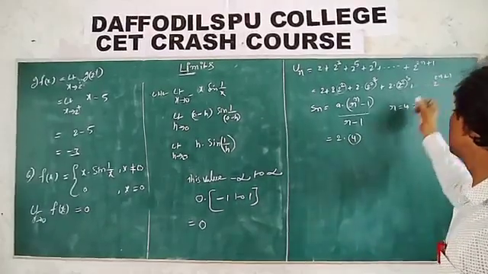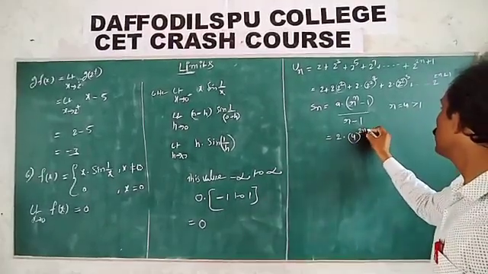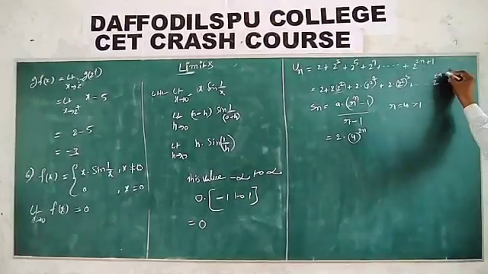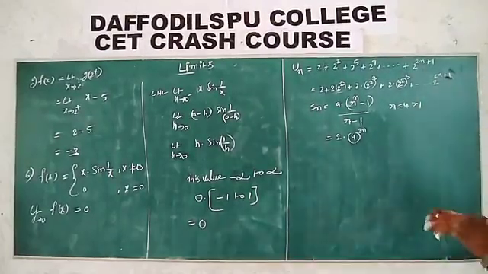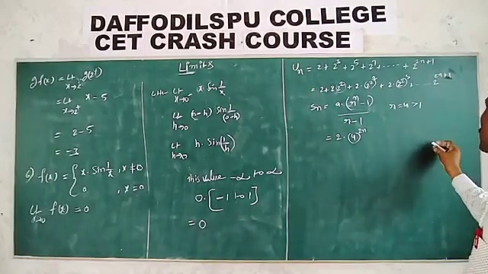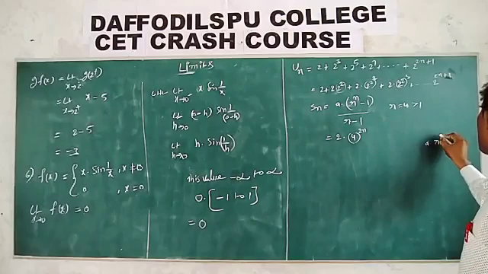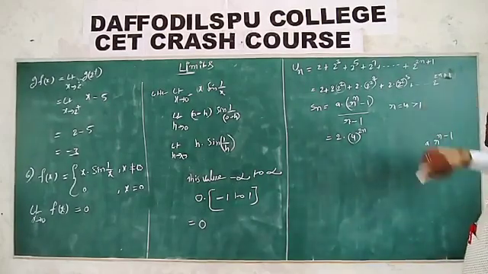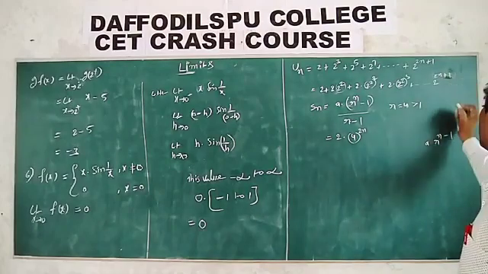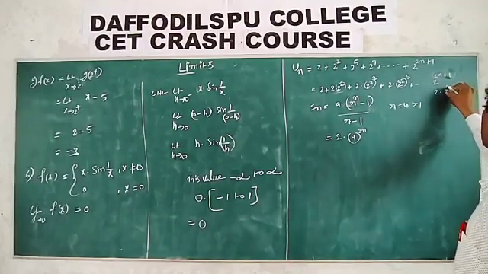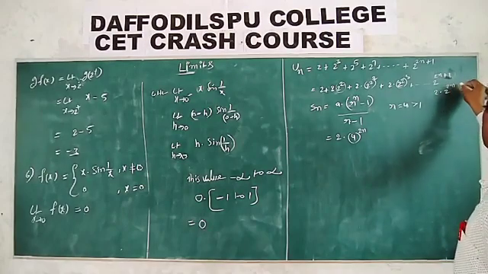Now put the values into the GP formula. What is the sum of n terms? What is the last term? A into r power n minus 1. Suppose this is the last term, how can we write it? It can be written as 2 into 2 power 2n.